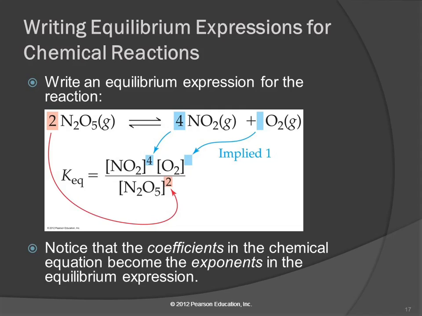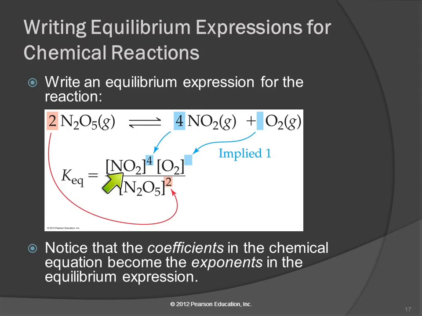So we need to know how to write these equilibrium expressions. If we look at this reaction, 2N2O5 in equilibrium with 4NO2 and 1O2. Remember, we don't write the number 1 here because chemists don't like the number 1, and we discriminate against it regularly.